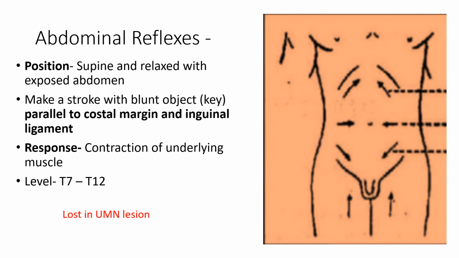As you can see, something like that. So these four strokes, and you can make a stroke medially also. When you make this type of stroke, there will be contraction of the underlying muscle. The level of the spinal cord is T7 to T12. This reflex is lost in upper motor neuron lesion.